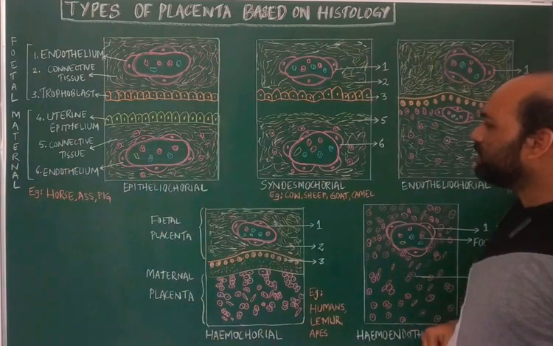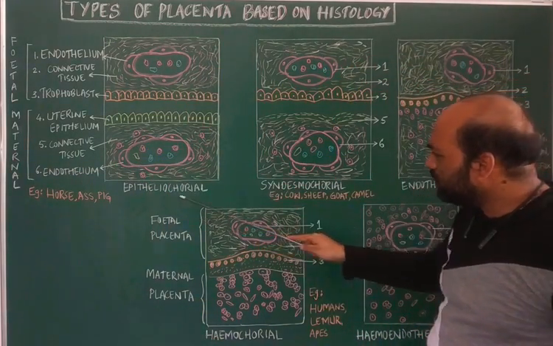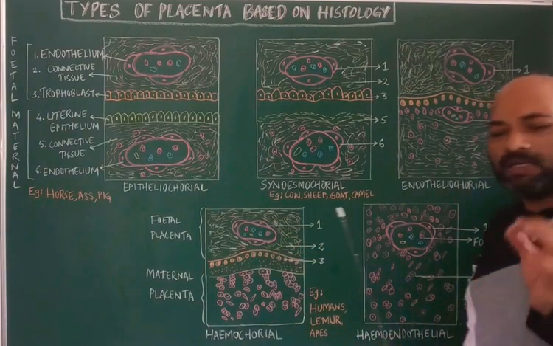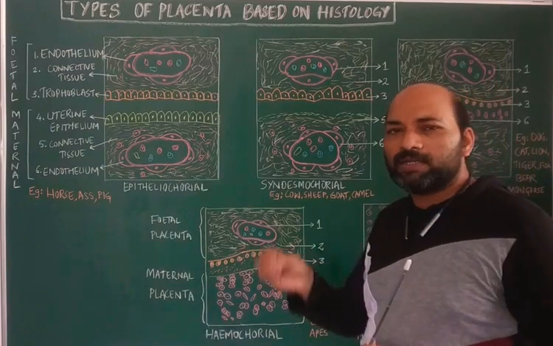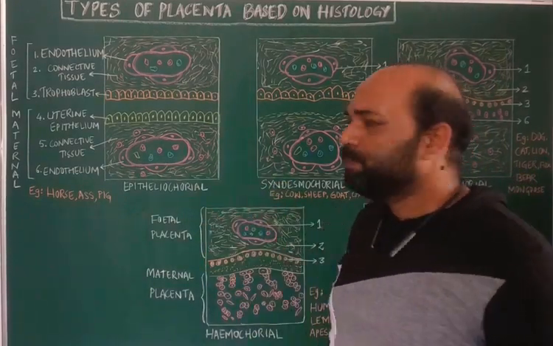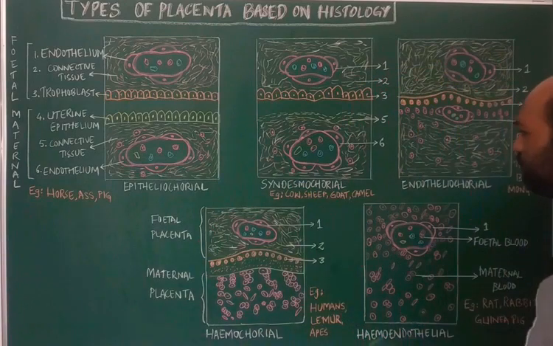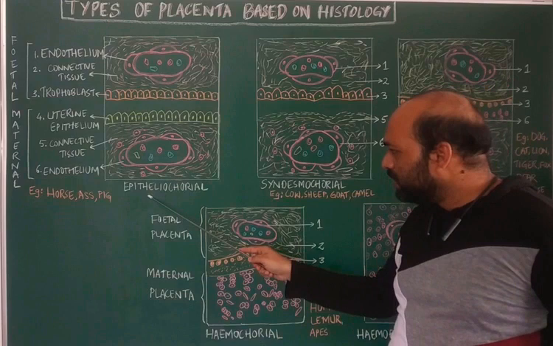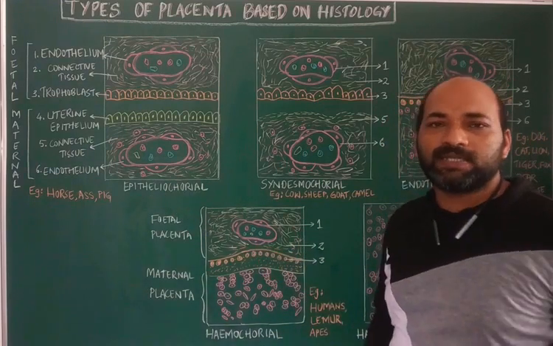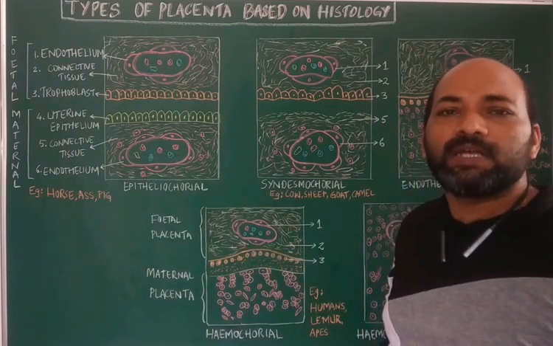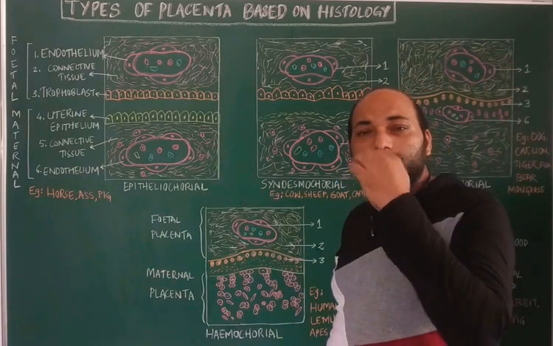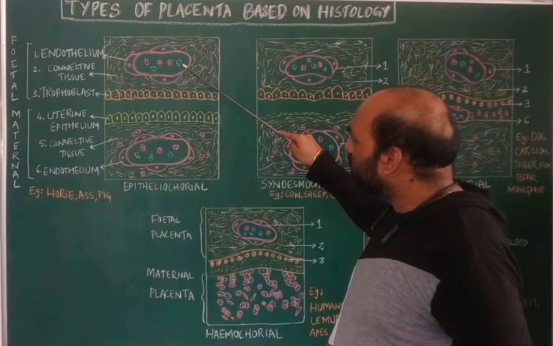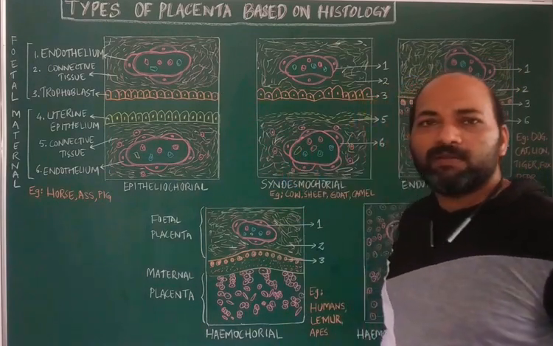So let's start with Epitheliochorial placenta. It is the simplest or primitive type of placenta from which the remaining 4 types are derived, and it consists of 6 barriers located between the fetal part and the maternal part of the placenta.